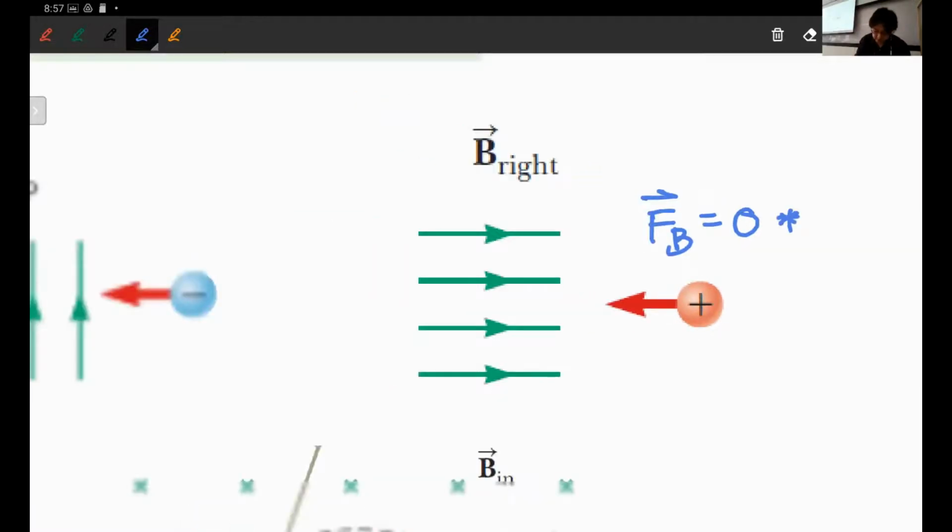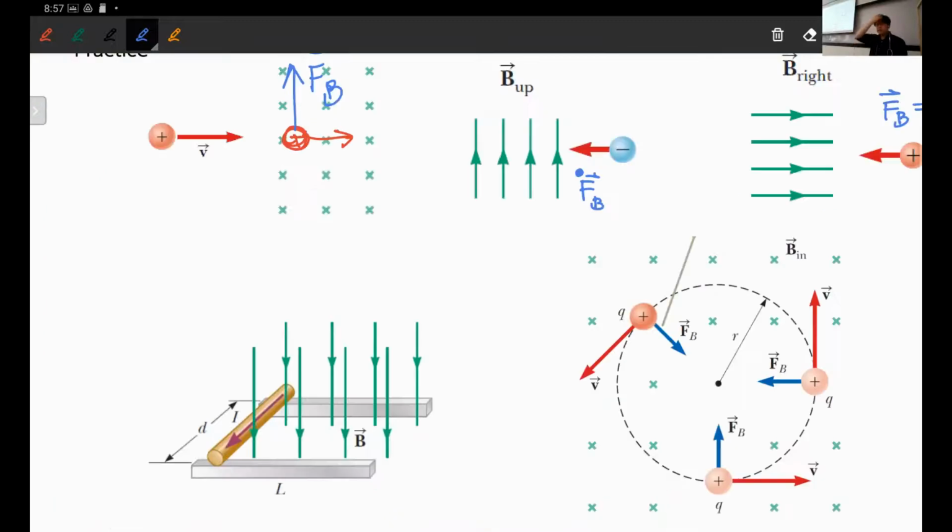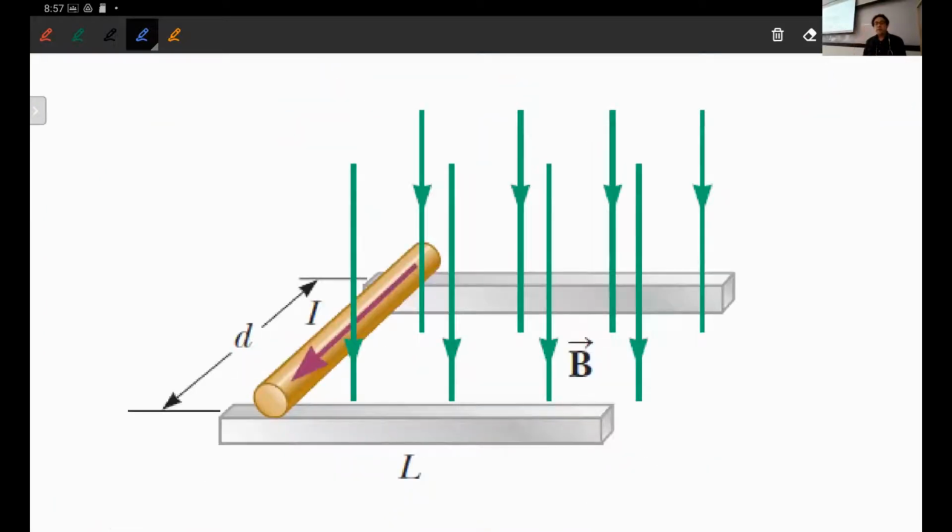What about this? What will happen to this wire if there is current flowing according to that purple arrow? What will be the force acting on this wire? We learned from circuits that every time there is a current flowing, it means there is charge also flowing in that direction.